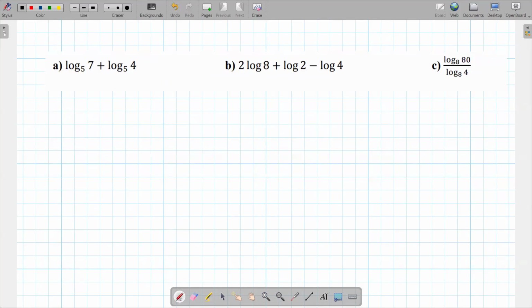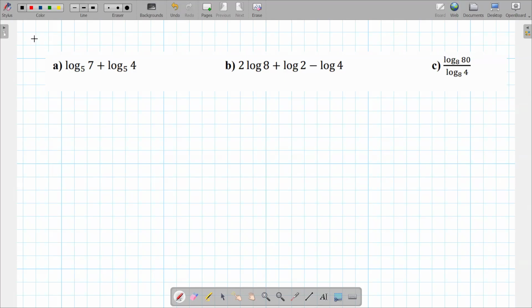Oh, you just plug it in a calculator. What's the approach? No, you have to simplify this. I don't think you need a calculator for this.